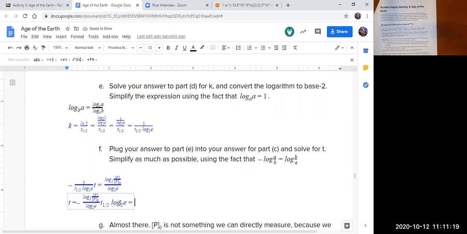So we are left with minus the half-life times the numerator there. And we're simplifying as much as possible using the fact that the negative log of a over b equals the log of b over a.